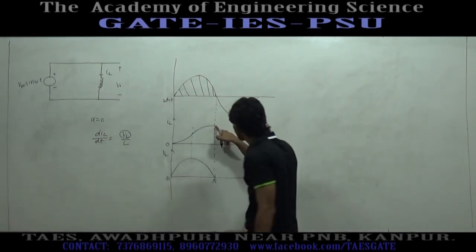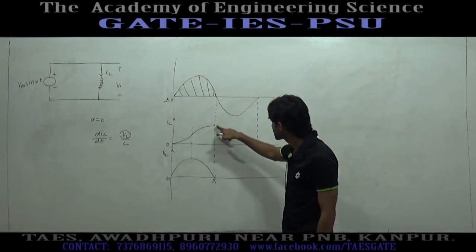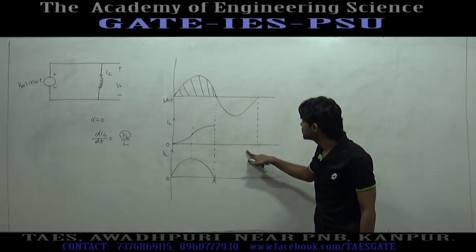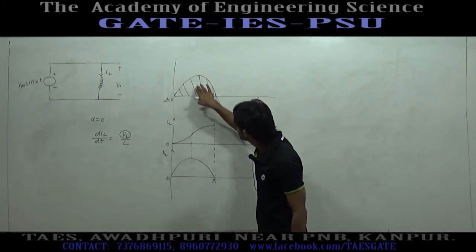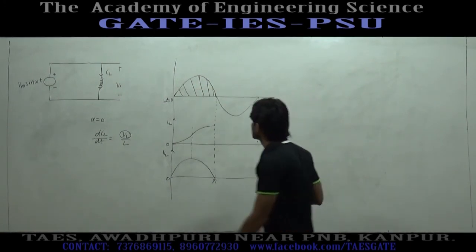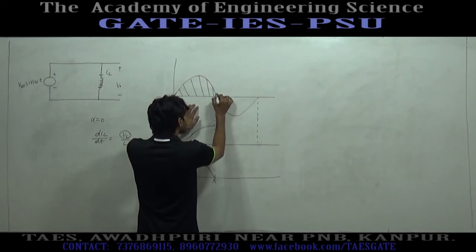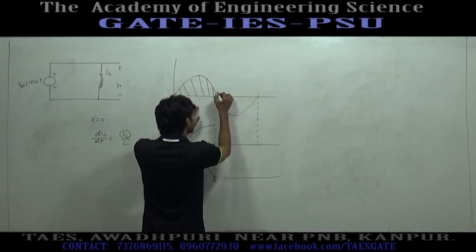To reduce the current from the maximum to 0 value, we again need an area of this much magnitude with negative sign. An area of this much magnitude with negative sign will be obtained in this duration only.